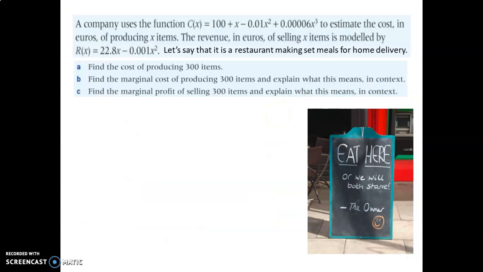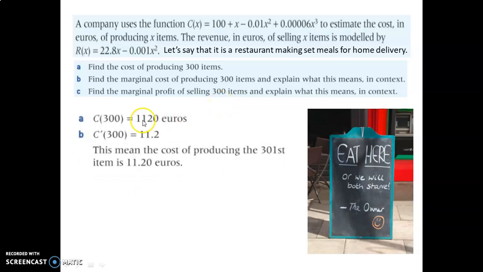With all that same kind of thinking that we just had, read this problem, and let's see if you can figure these out here. Okay, for A, all we do is put 300 into the function, and we figure out it costs this much for 300. So the cost of 300 was just putting 300 into the cost function. We get this.